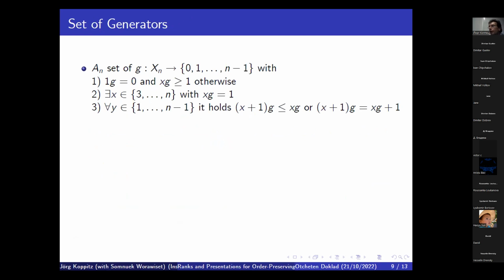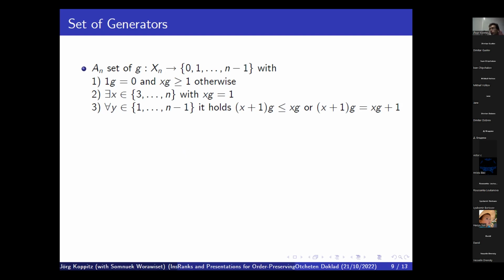Then I want to give some technique to find this semigroup presentation. Namely, let us consider the following set of mappings from the set Xn into the set 0 up to n-1 with the following properties.